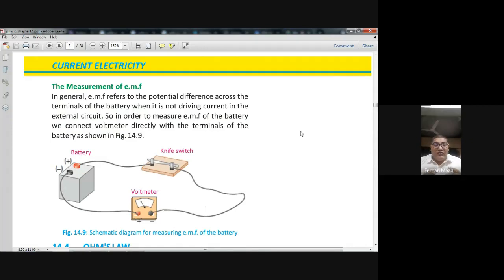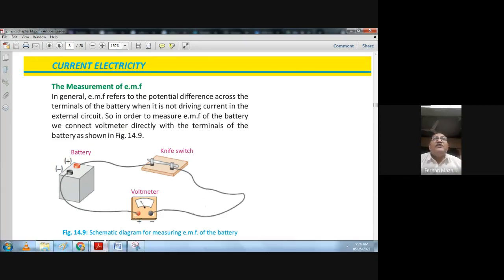In your real life, you must have seen that when you put cells, for example, in a torch or a TV remote control, we put more than one battery, or more than one cell, in those remotes, or in your toy cars. So there are different ways in which you can connect the cells with each other. Let's have a look at how you can connect the cells.